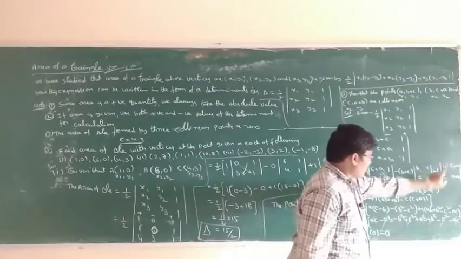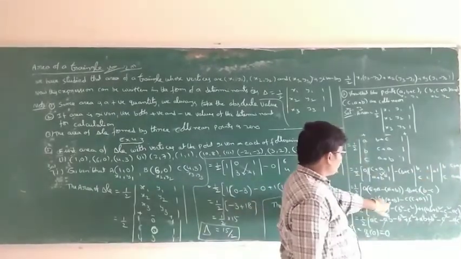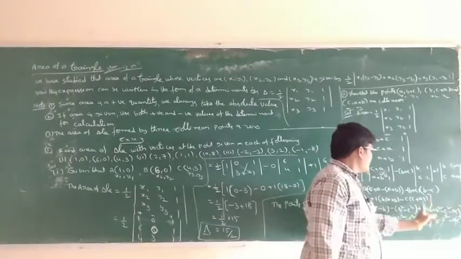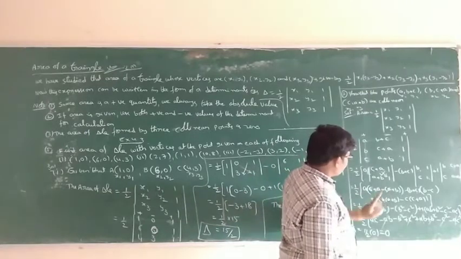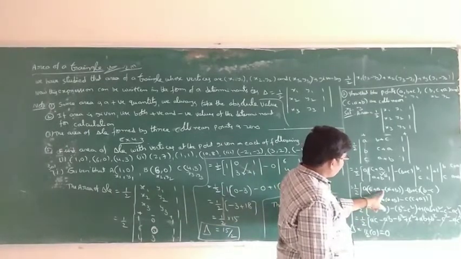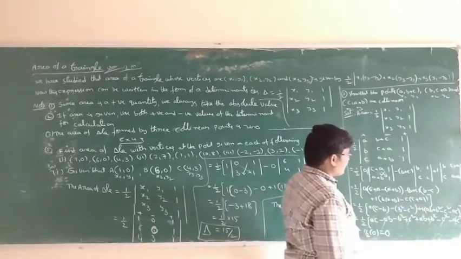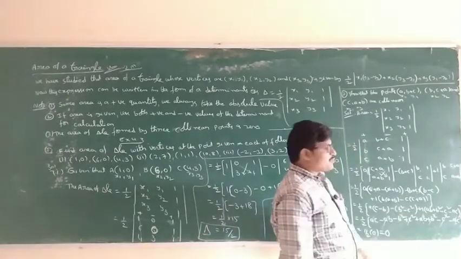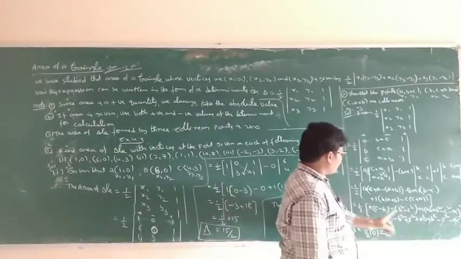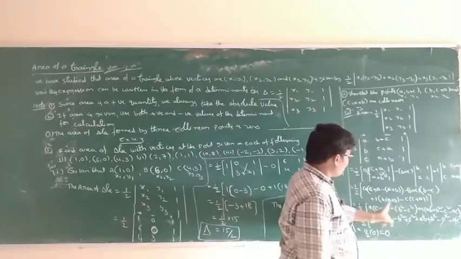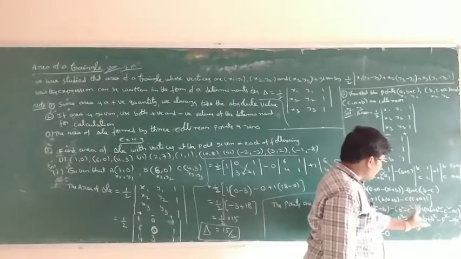Next plus 1 into cross multiplication, B into A plus B minus C into C plus A. So 1 by 2 into A, C plus A minus A cancel, A into C, minus, and minus of B plus C into B minus C, B square minus C square, minus A plus B into A minus B formula, A square minus B square, plus 1 into AB plus B square minus C square minus AC.